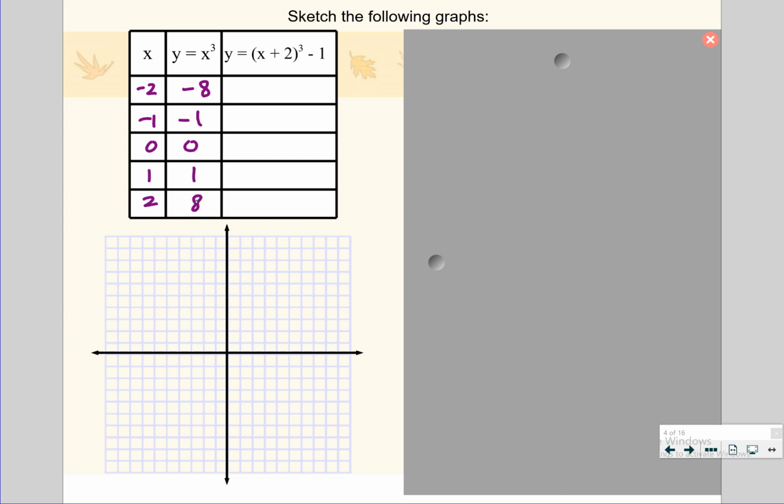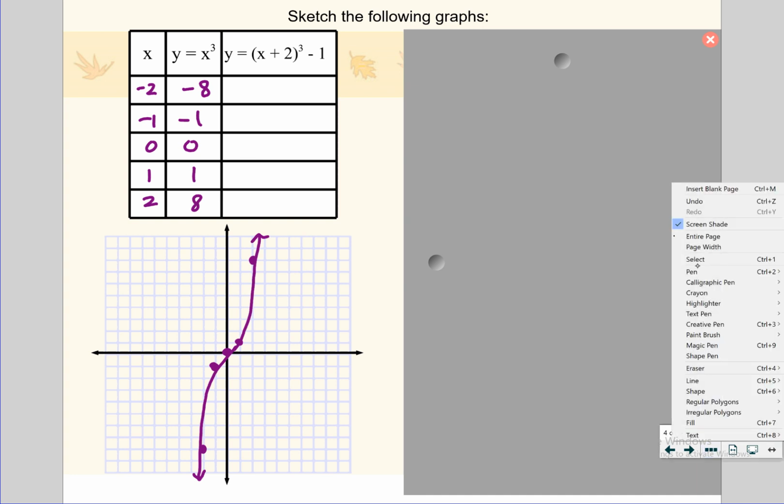And then if we're going to graph it: -2, -8, -1, -1, 0, 0, 1, 1, 2, 8. There's my parent function.